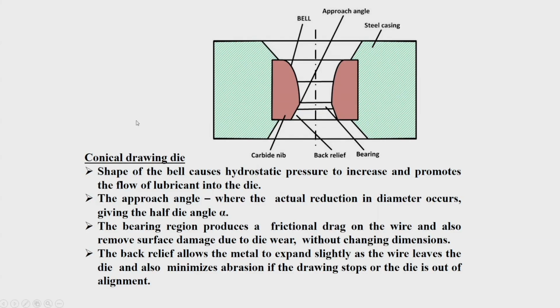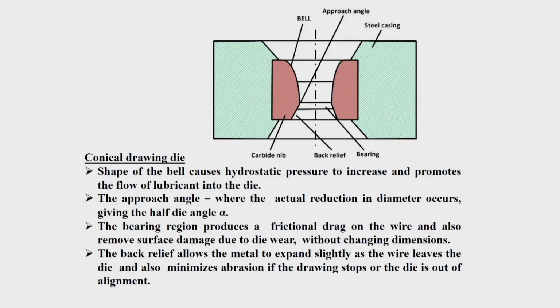When you look at the die for drawing, generally a conical drawing die is used, and many times when the size of the wire is very small, it becomes very small in size. This is an exaggerated view of a die assembly. There is very high work hardening taking place in the deformation zone, and the hardened material has relative motion with the die.